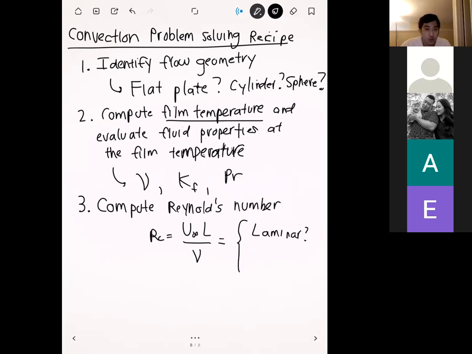You need to answer whether your flow is going to be laminar or whether your flow is going to be turbulent. And remember, this is really important because, depending on whether the flow is laminar or turbulent, that's going to change which Nusselt number correlation we're ultimately going to use.